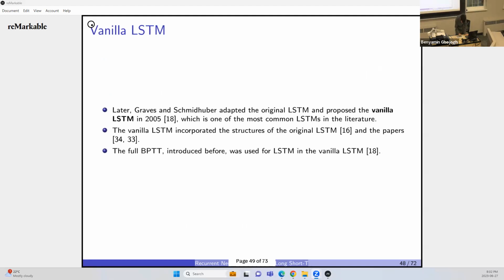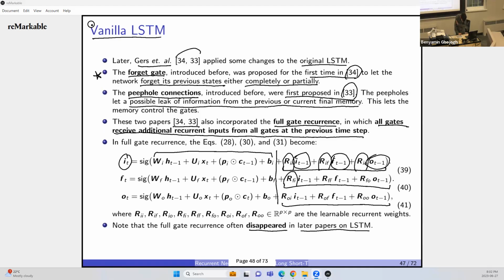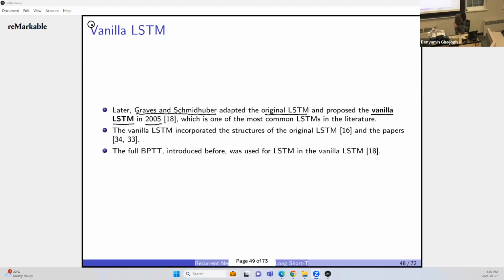Later, Graves and Schmidhuber adapted the original LSTM and proposed vanilla LSTM in 2005. Sorry, that wasn't vanilla LSTM. I apologize. References 33 and 34 were some other improvement over the original LSTM, but it developed into vanilla LSTM in reference 18, which is one of the most common LSTMs in the literature nowadays.